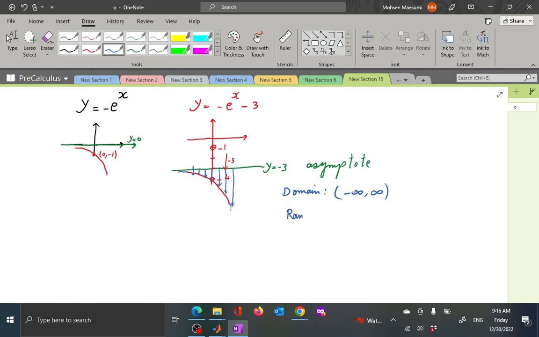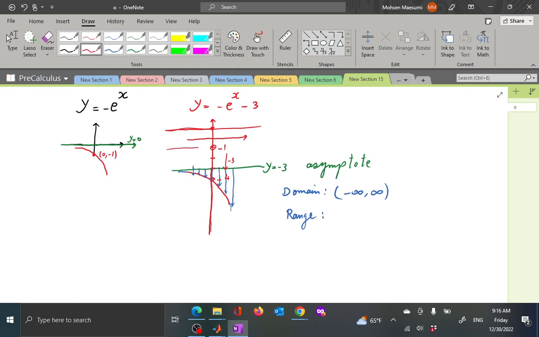Next, how about the range? Range is the set of y values that we get. Well, how do you calculate the y values? You come and say, okay, here is my y-axis. For example, is there any point on the function whose y matches this? Well, no. If I go to left or right, I don't hit my graph anywhere.